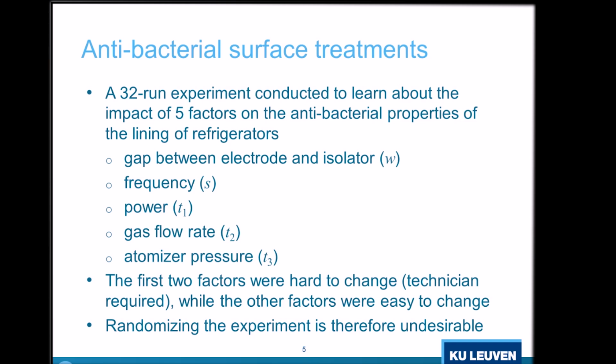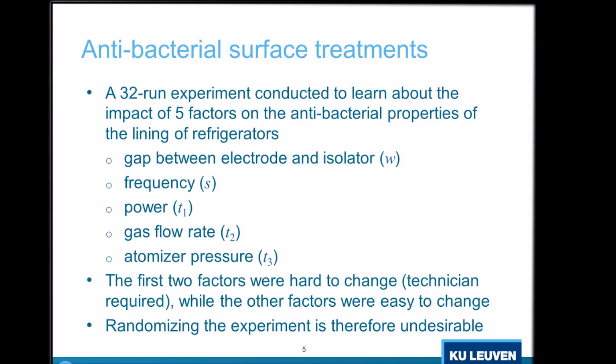On slide number 5, I present the first example for today, and that's an example of an antibacterial surface treatment experiment. That experiment was done by a Belgian research institute to study the impact of 5 factors on the antibacterial properties of the lining of refrigerators.